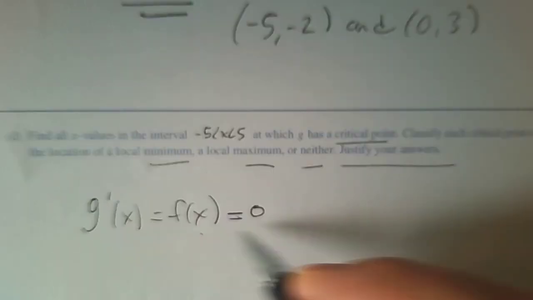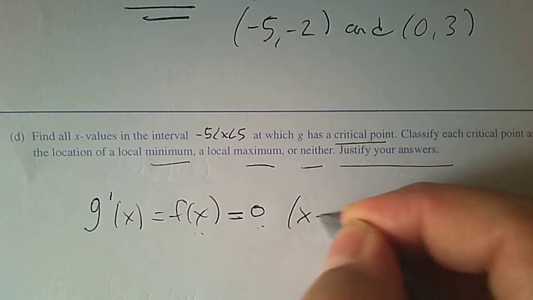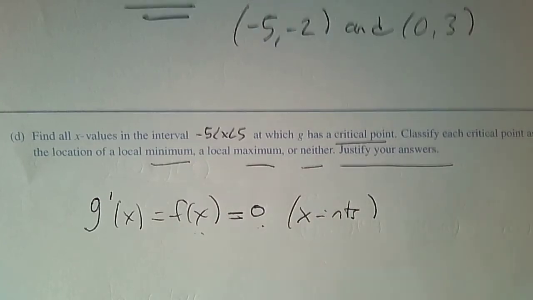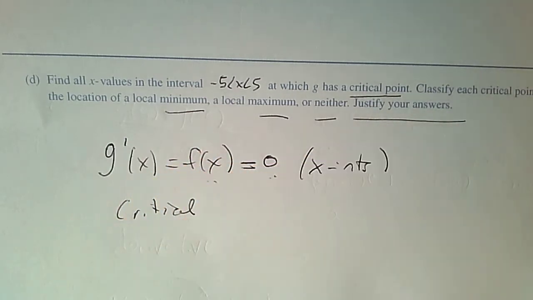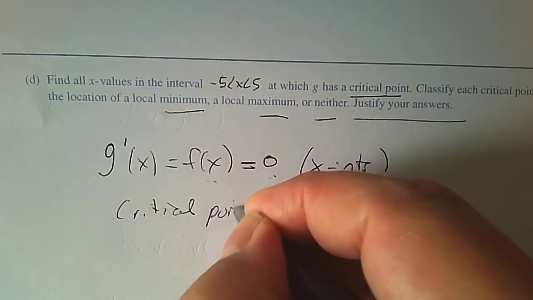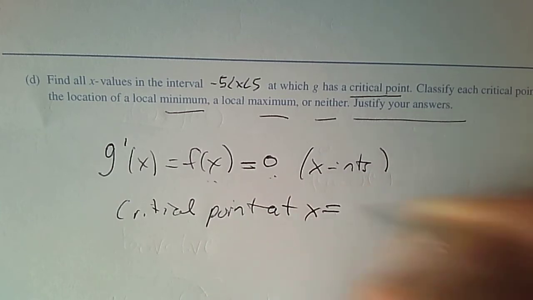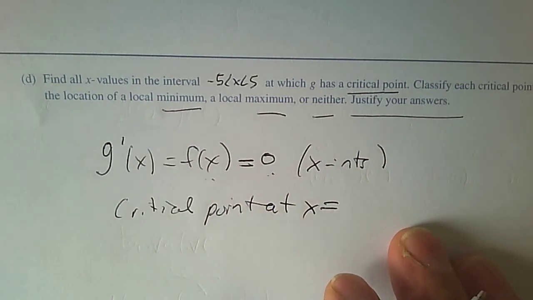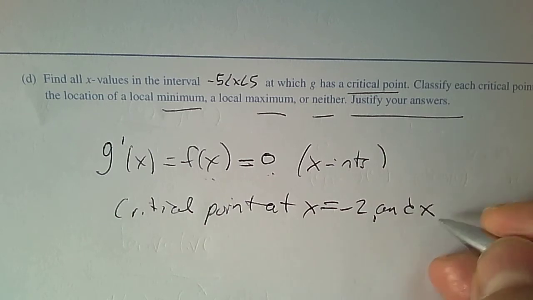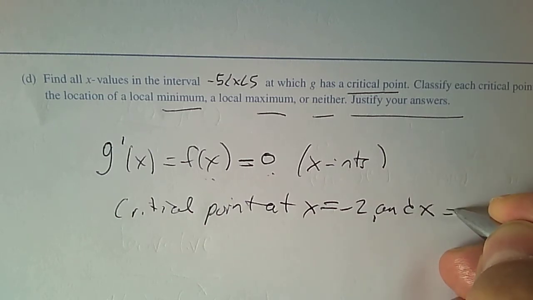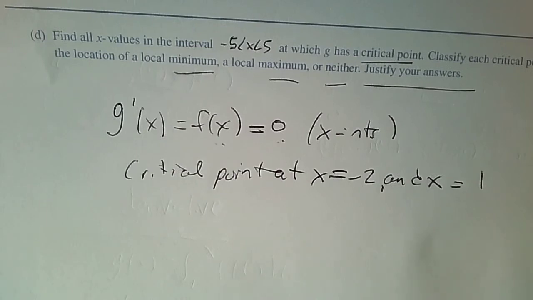So when is the function equal to 0? That's another way of saying where are the x-intercepts. So we have a critical point at x equals, and we're looking off the graph where the x-intercepts are. It touches the graph at -2 and when x equals +1. So those are the two critical points.